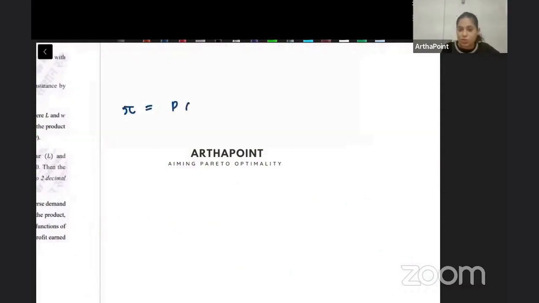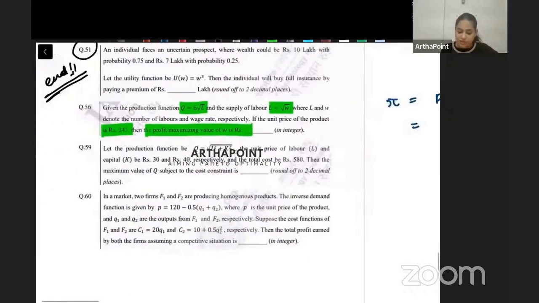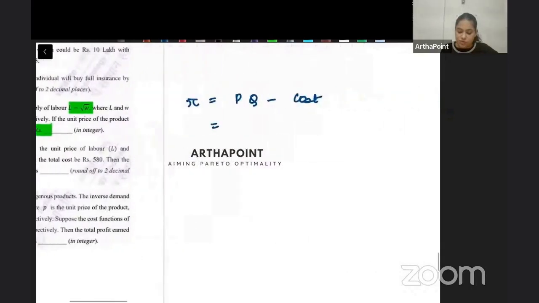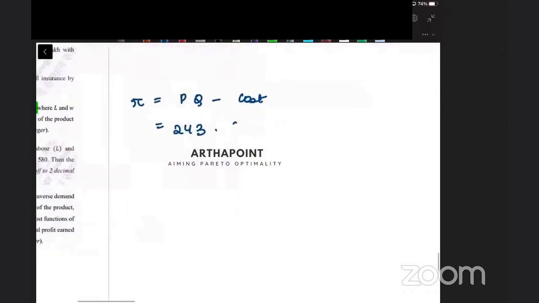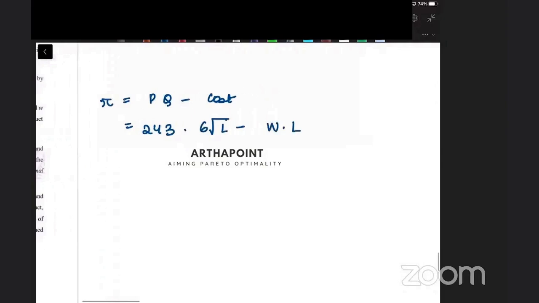Profit is price into quantity minus cost. So price is given to you as 243. Quantity is given to you as 6 root L. And cost is W into L. So this is your profit.